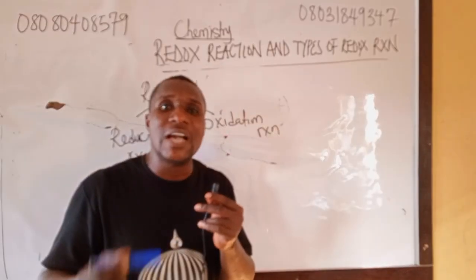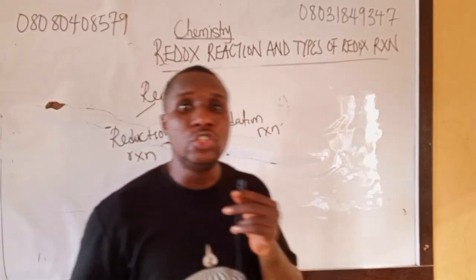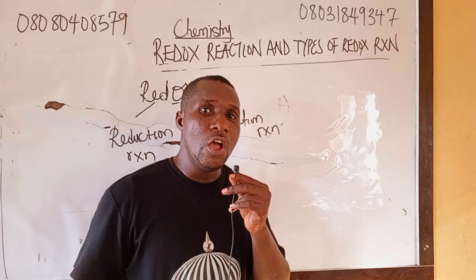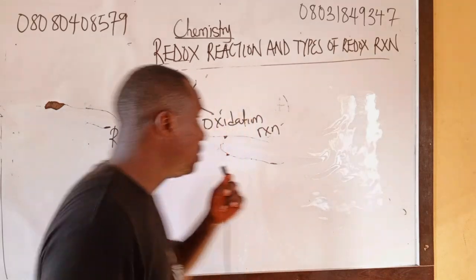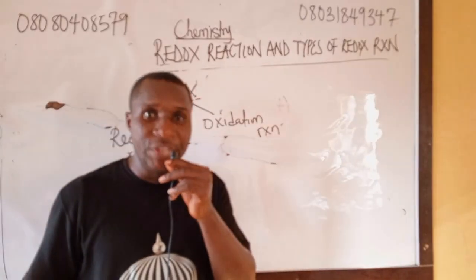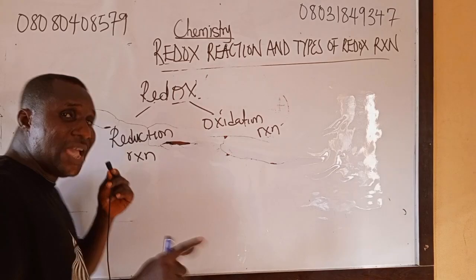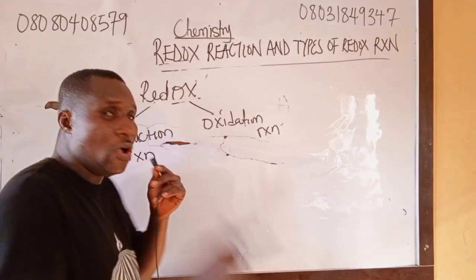And a chemical reaction is said to be redox when reduction reaction and oxidation reaction occur simultaneously. Take note.